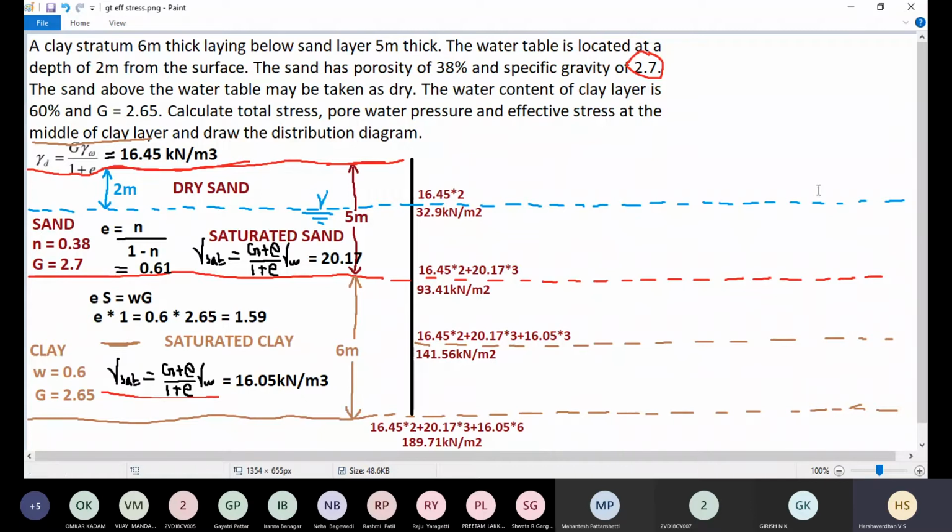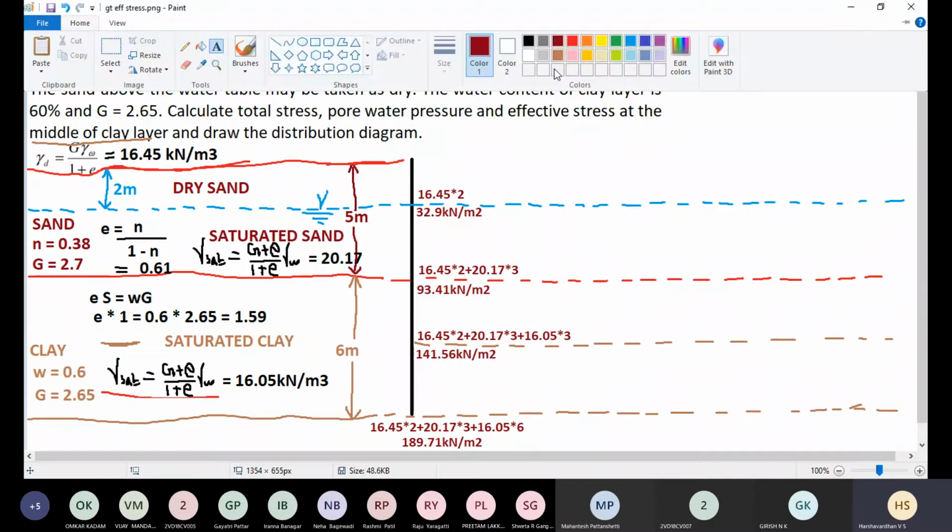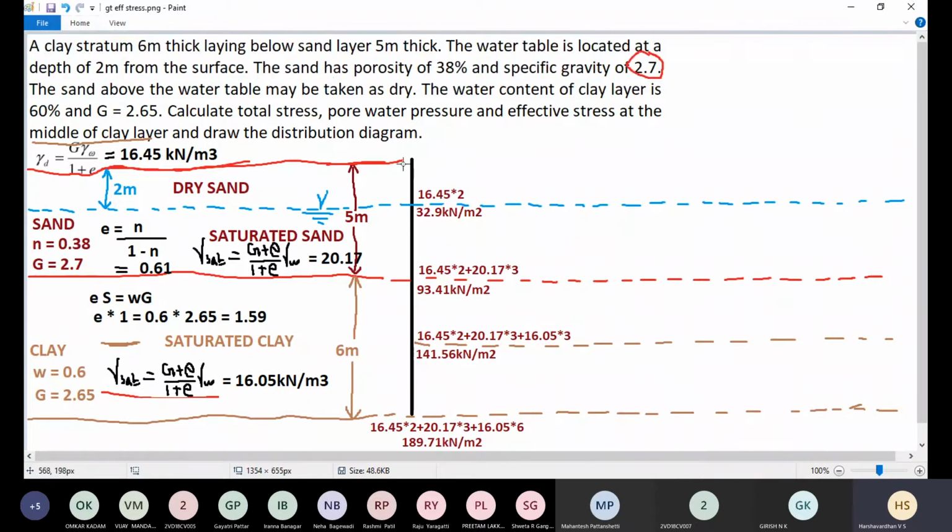Okay. So we have got all the values. Now we will draw the diagram. I'll take some scale. Here it is 32, next 93 is here, 141, and finally the last value.